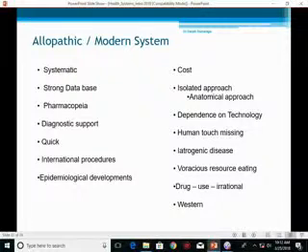The allopathic or modern system of medicine is systematic, with a strong database. They have the pharmacopoeia, the formulary, diagnostic support, quick international procedures, and epidemiological developments. But there is an isolated approach, dependence on technology, and the human touch is missing. Iatrogenic is also a problem: the drugs themselves sometimes cause diseases.